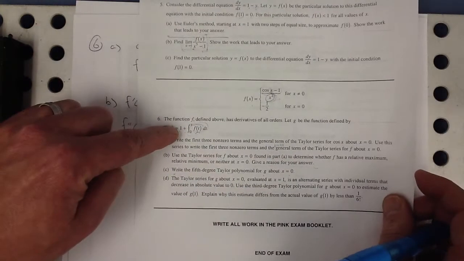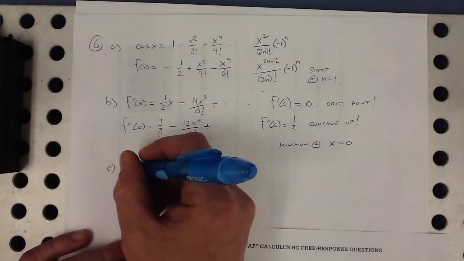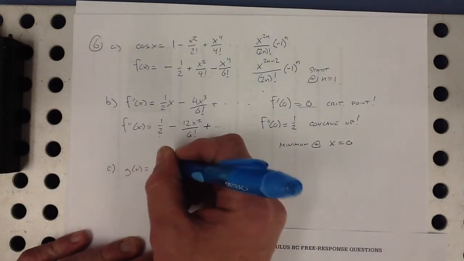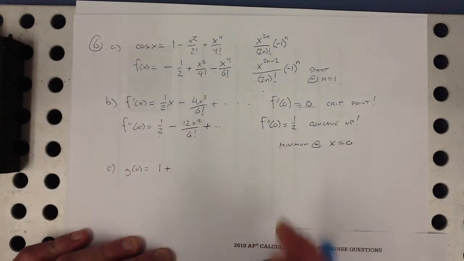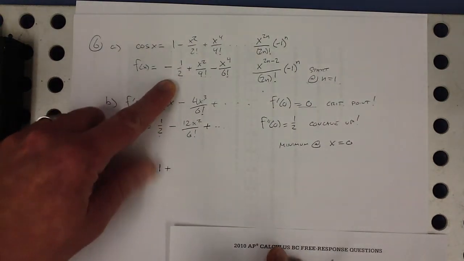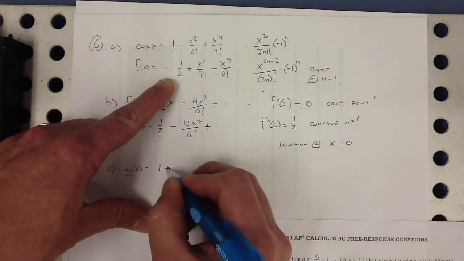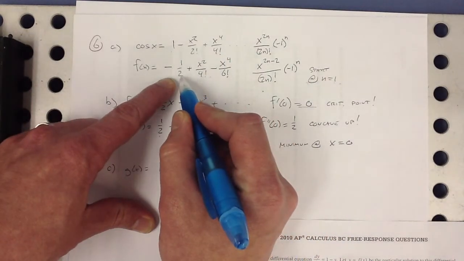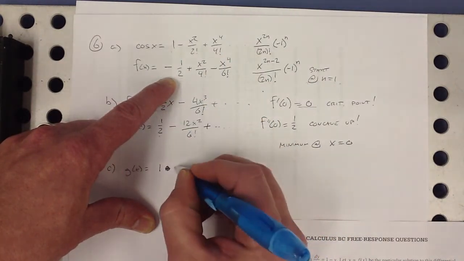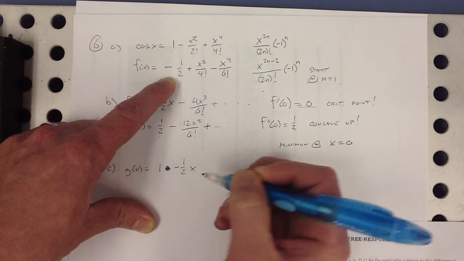First of all, don't forget the 1 here. It's 1 plus, and then we're taking the antiderivative of this. And I guess I should have held off on the plus there. Antiderivative of that is minus 1/2 x.